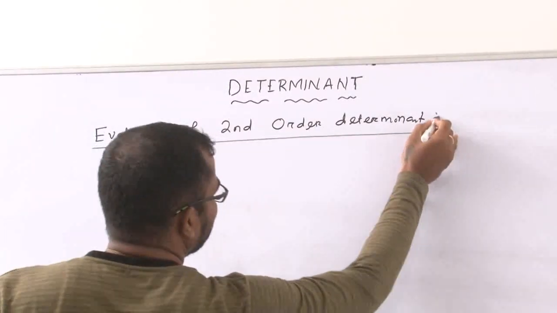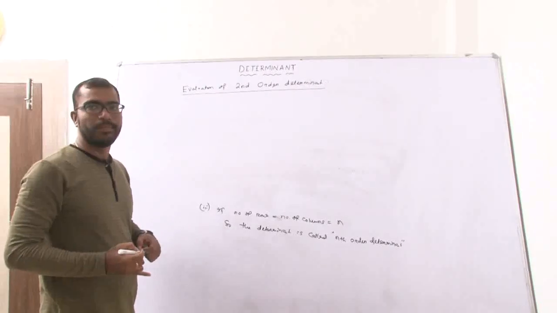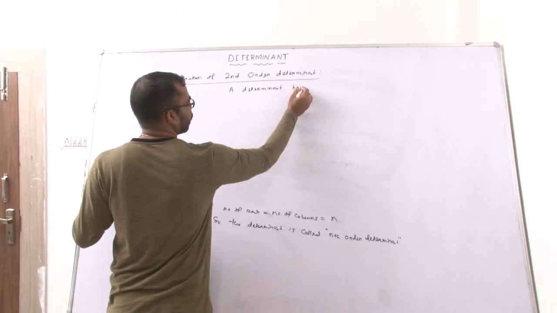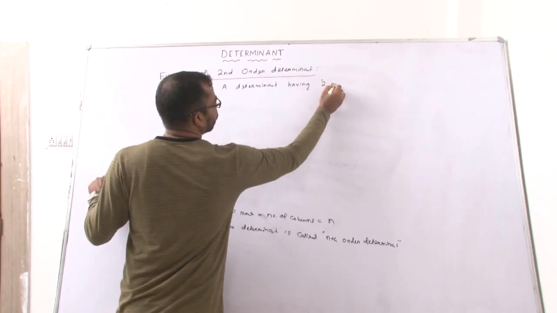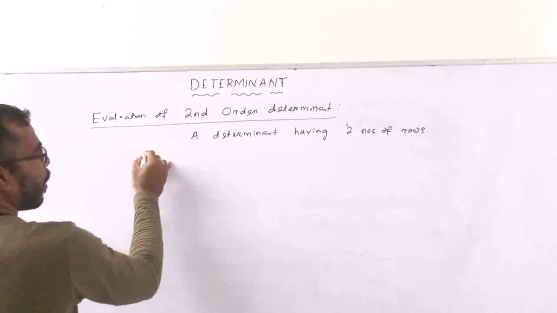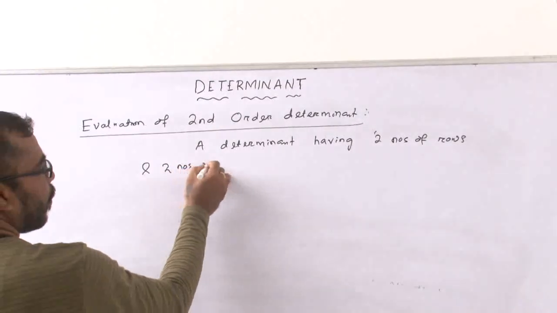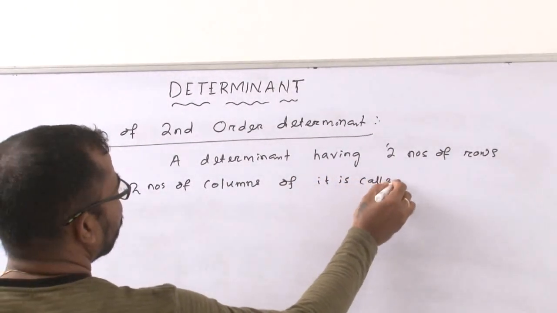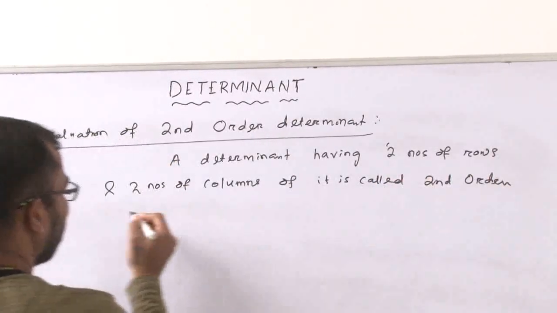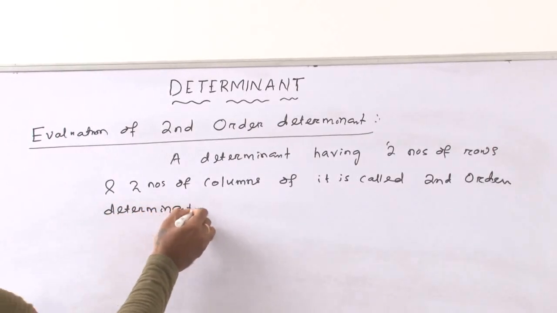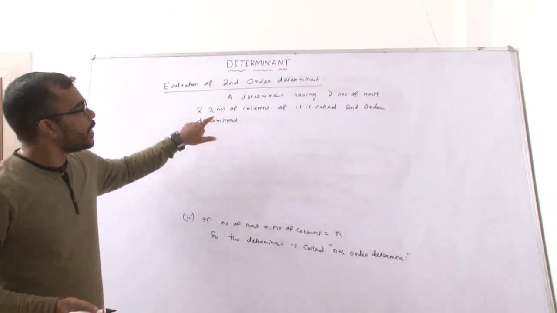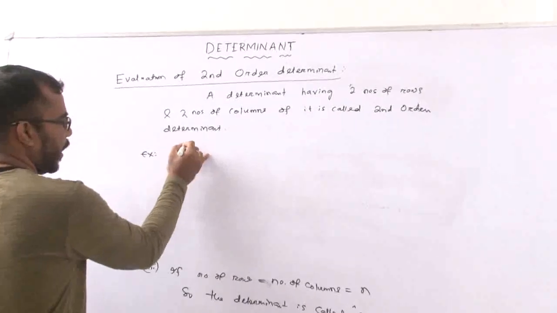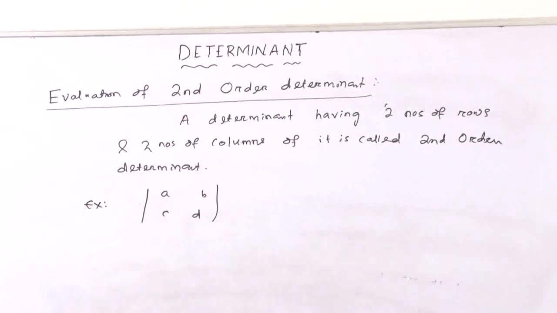First, we have to know what a second order determinant is. A second order determinant means a determinant having 2 rows and 2 columns. As you know, in a second order determinant the number of rows and columns is 2. For example, suppose a, b, c, d are the elements.